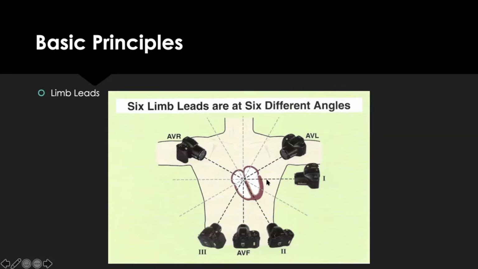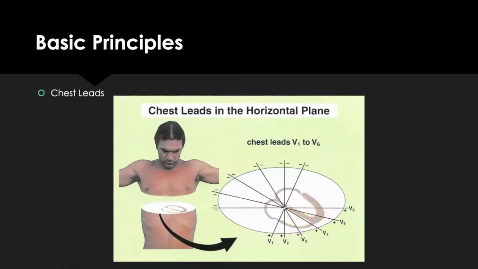Lead 1 is looking at the heart from a horizontal view from the left side. And then 2 and 3 are also mirrored, and AVF is looking upwards from the bottom portion of the heart.